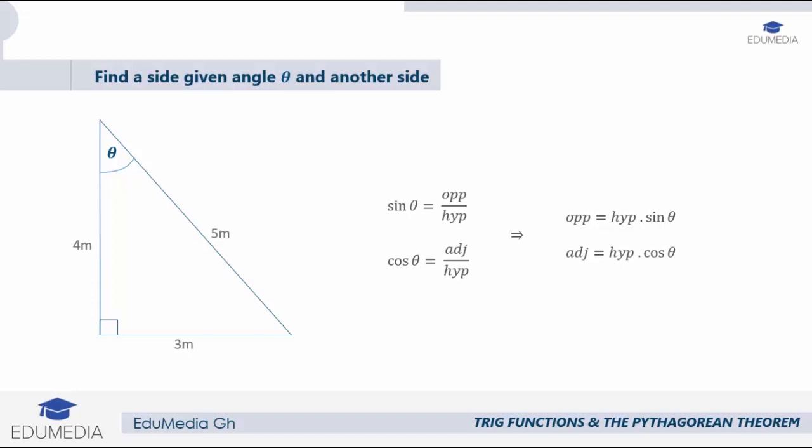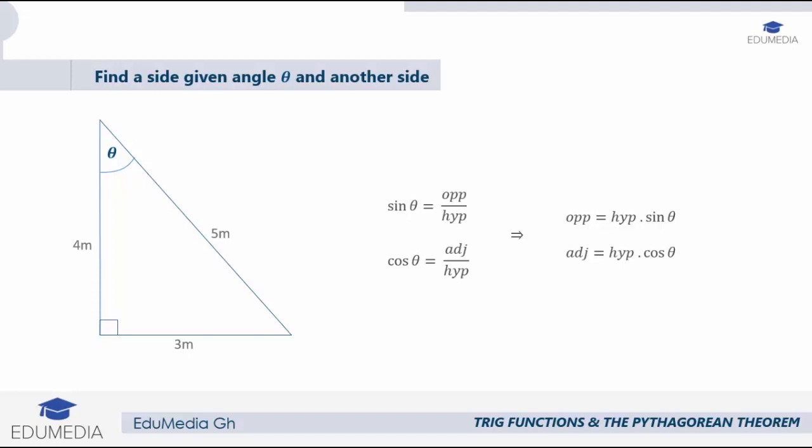The sine function we already had is opposite divided by hypotenuse. When you do the change of subject, we have opposite equals hypotenuse times sine theta. That is what we're going to use to find the value of a side when we are given the angle.